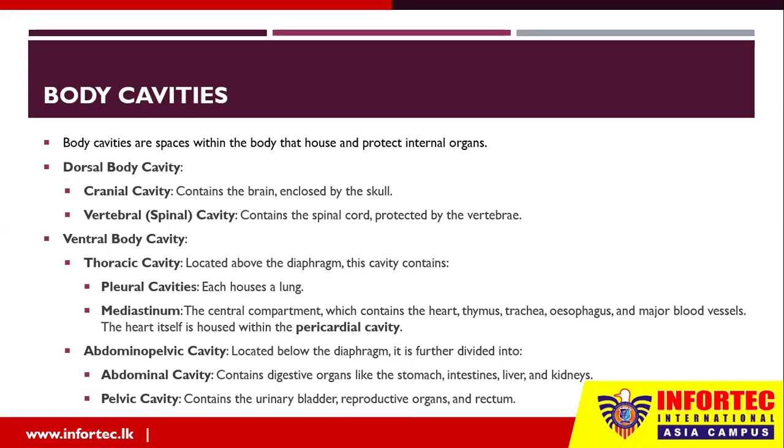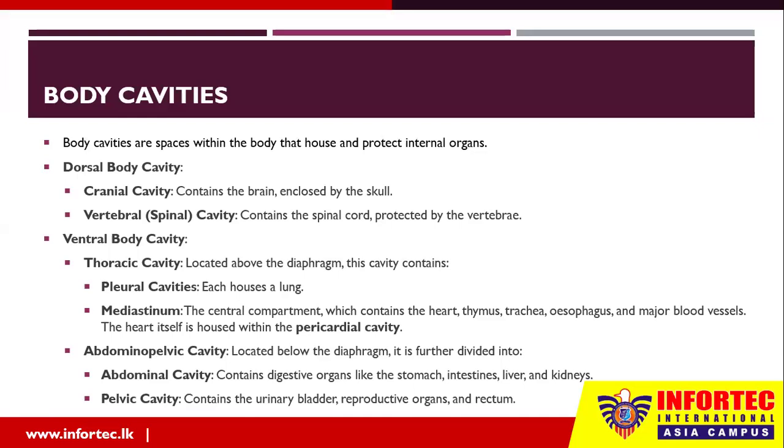So the thoracic cavity includes two pleural cavities, the pericardial cavity, and the mediastinum, right? Then the abdominopelvic cavity is located below the diaphragm. The thoracic cavity is located above the diaphragm, right?